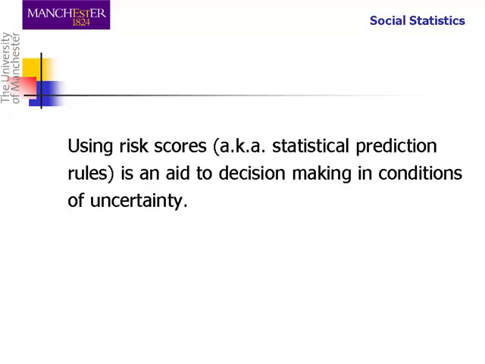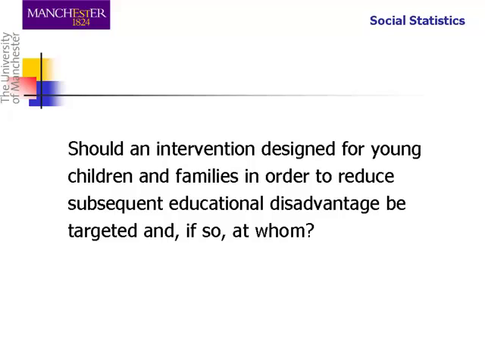And to put a bit of flesh on that, let's think of a few examples. So suppose we're interested in designing an intervention for young children and families in order to reduce their subsequent educational disadvantage. And we're wondering really who should receive this intervention.